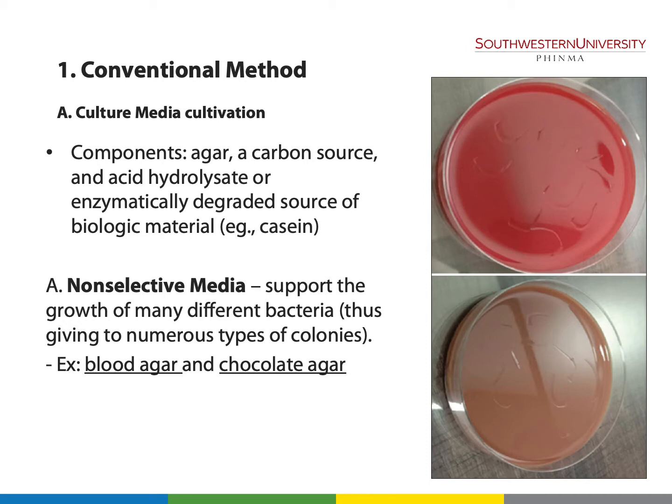That is why the components of your culture media are agar, which is a solidifying agent, which is added to the culture media in order for them to be hardened, a carbon source, and an acid hydrolysate or enzyme added, which is a source of biologic materials like your casein.